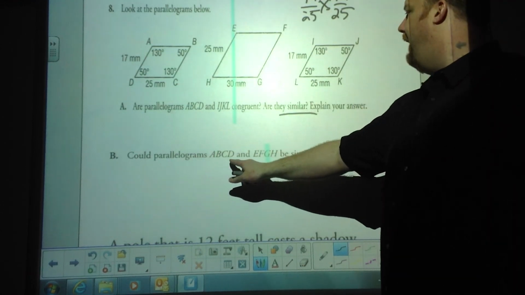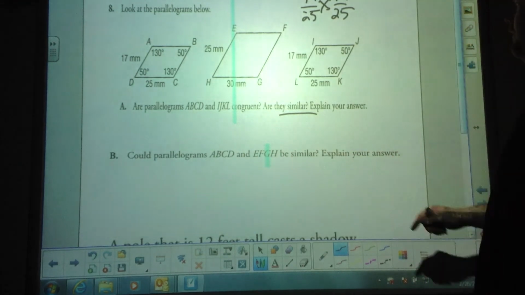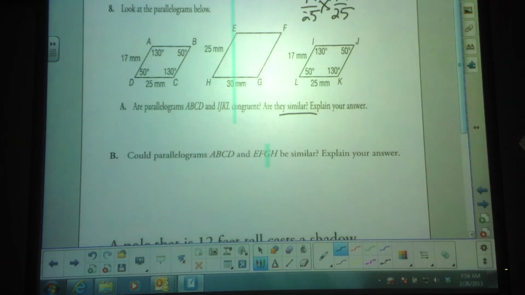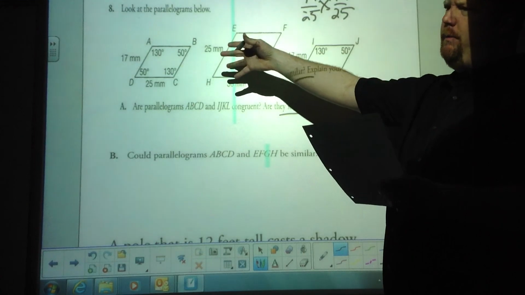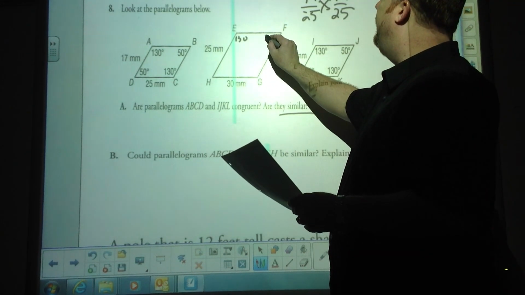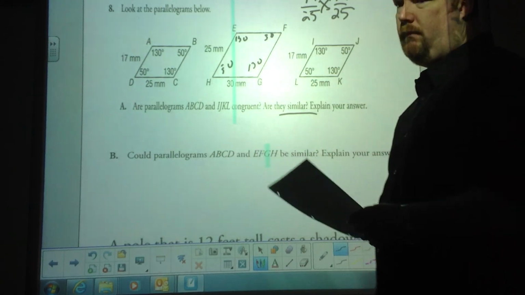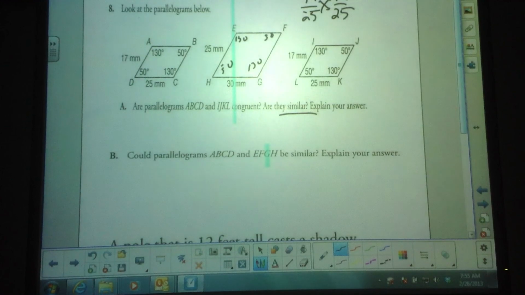Could parallelograms A, B, C, D and E, F, G, H be similar? Explain your answer. We don't know about the angles, but let's just assume that they were. Let's just assume that this was 130, and this was 50, and this is 130, and this is 50. Let's even just go ahead and go out on a limb and say that those were the same.